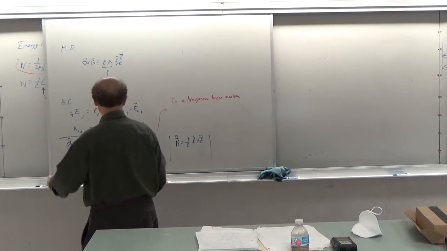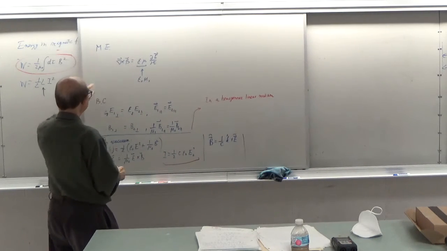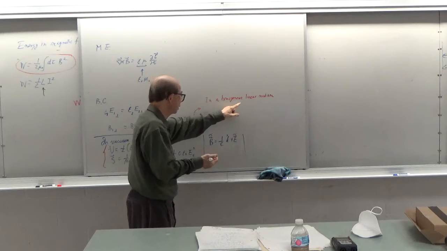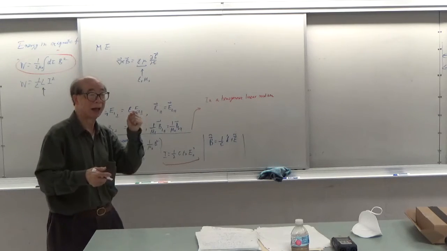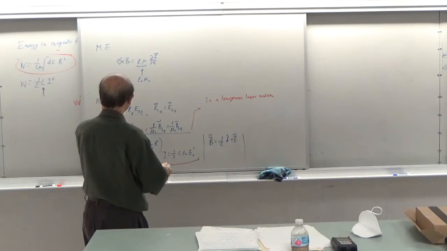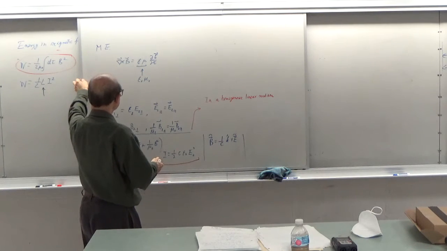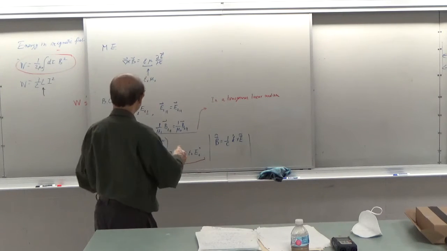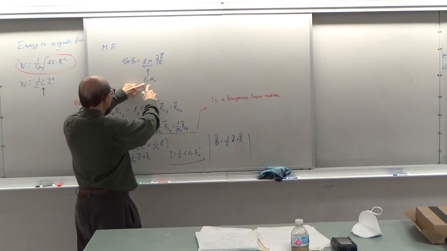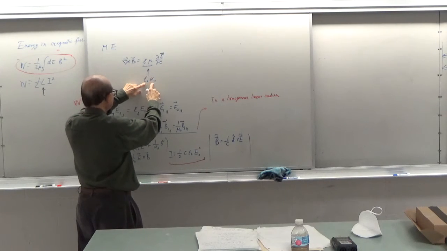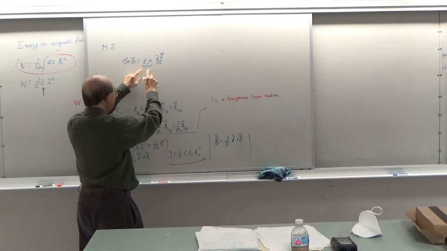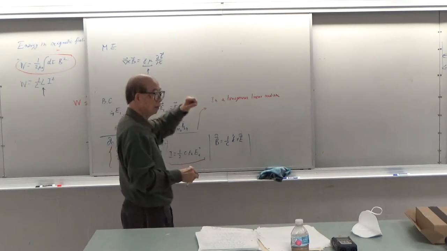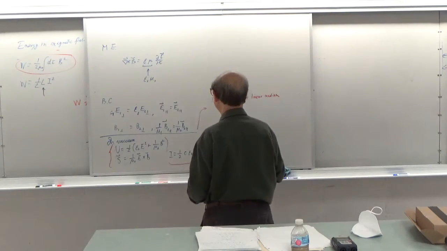You remember, it's simple, because Maxwell's equations for the vacuum case and Maxwell's equations for the case of a homogeneous linear medium differ only in the last equation, namely the equation involving curl B. The only change is that for vacuum, this factor epsilon naught mu naught is promoted to epsilon mu, where epsilon and mu are the permittivity and permeability of the linear medium.